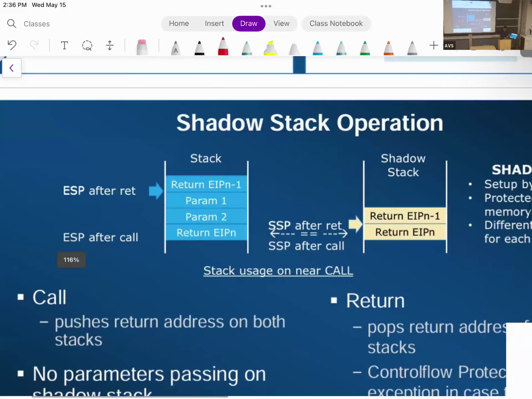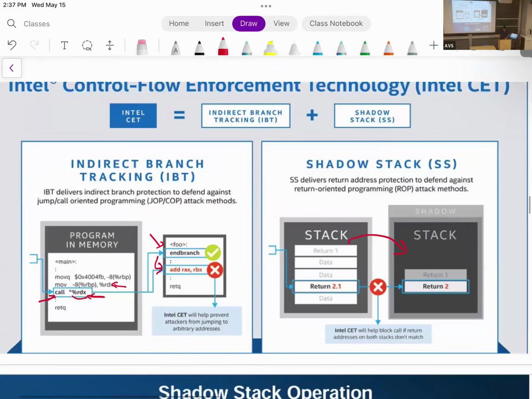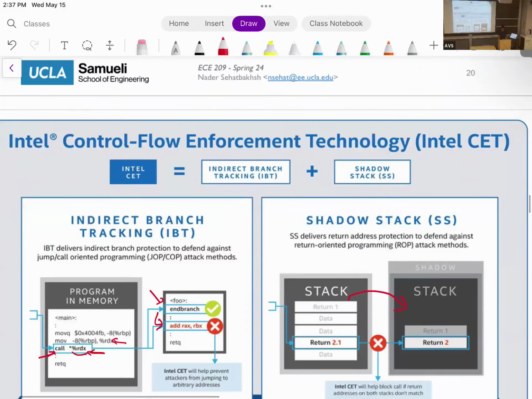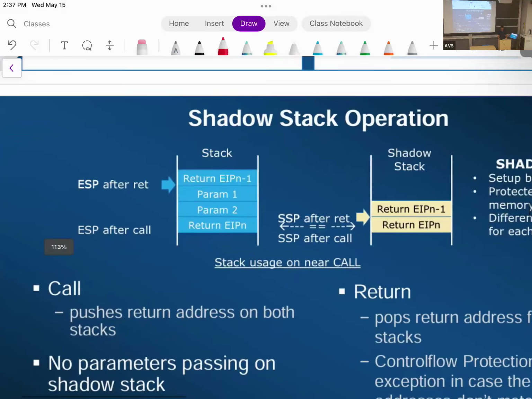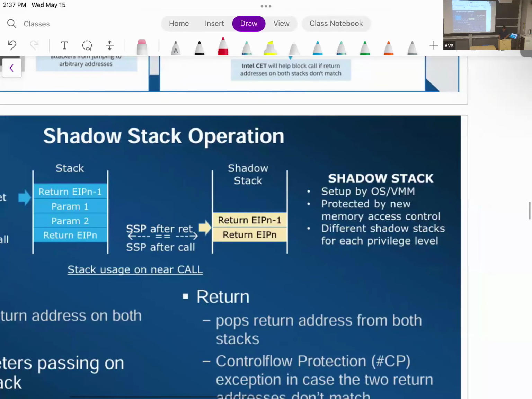To give you a little more detail about this, by the way, if you're interested, definitely search for CET. This is actually what is being used in many Intel processors. Again, the idea of the shadow stack is that you maintain another part of memory just for the shadow stack. On the return, we always check whether the addresses these two are jumping to are the same.